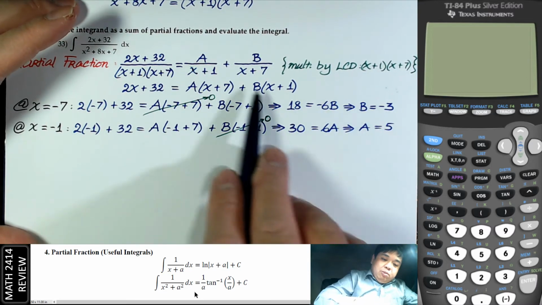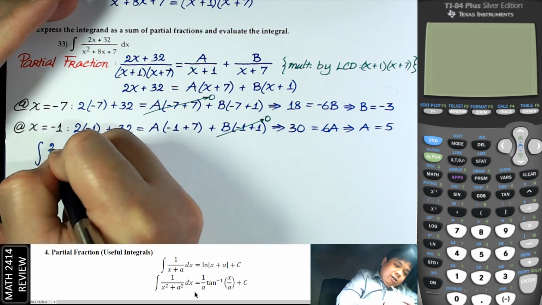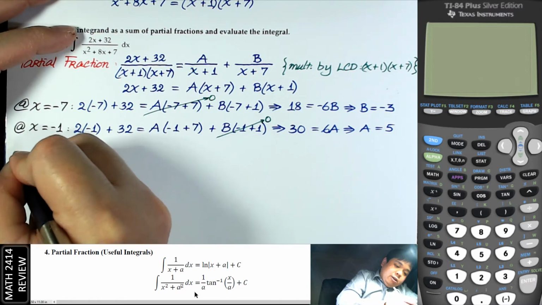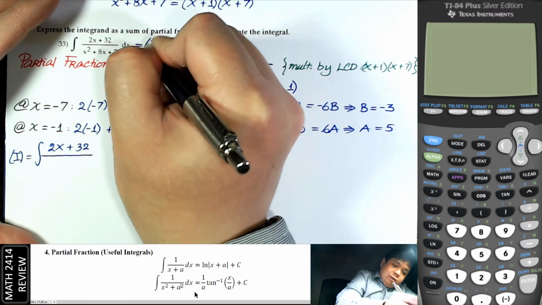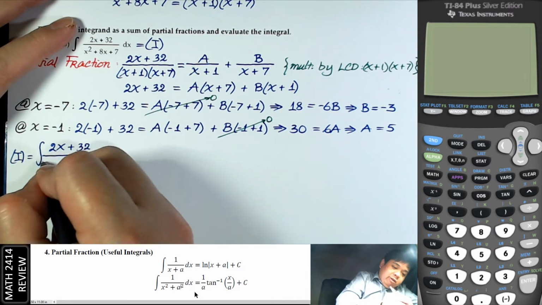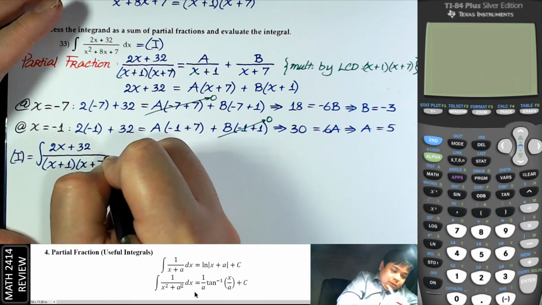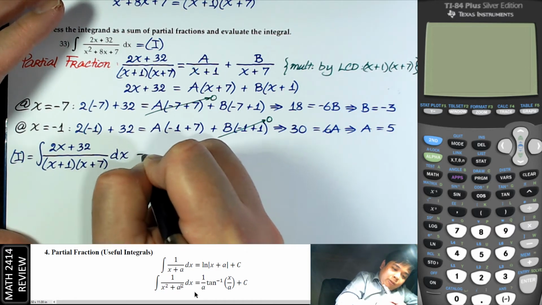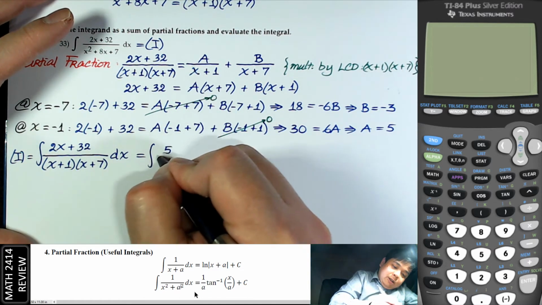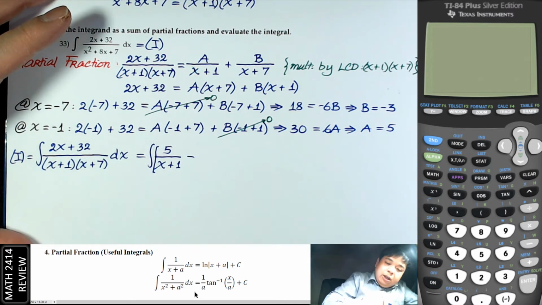So with that we can put it back in here. So the original integral, I'm going to write x squared plus ax plus 7 in factored form. So now we split into a is 5, and b is -3.